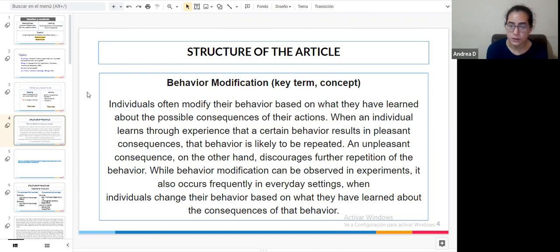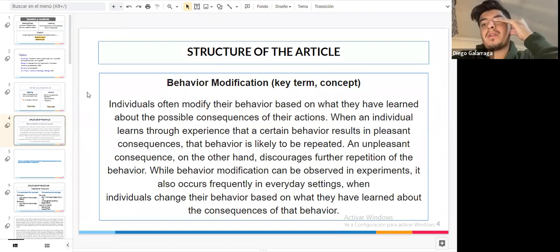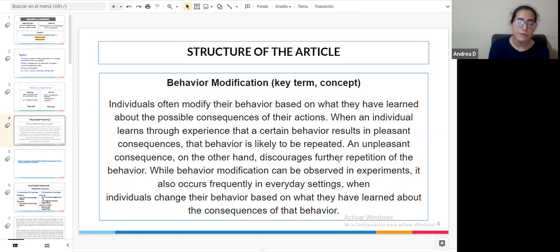What is behavior modification? Well, a behavior modification is when someone changes the way they act, they behave, they live, maybe. Yes, that's right, when they change their behavior, but why do they change it? Or based on what?